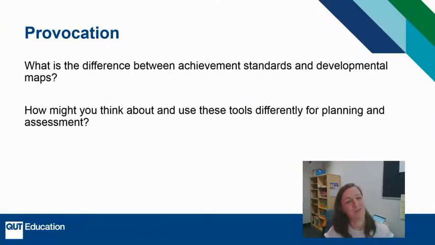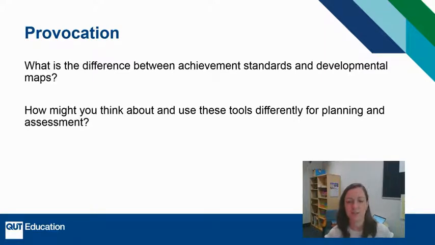Here's a provocation. What is the difference between achievement standards and developmental maps? We asked you to have a look and be familiar with the First Steps in Writing material. They're quite progressive and focus on what students can do and what they need next. Do achievement standards do the same thing?